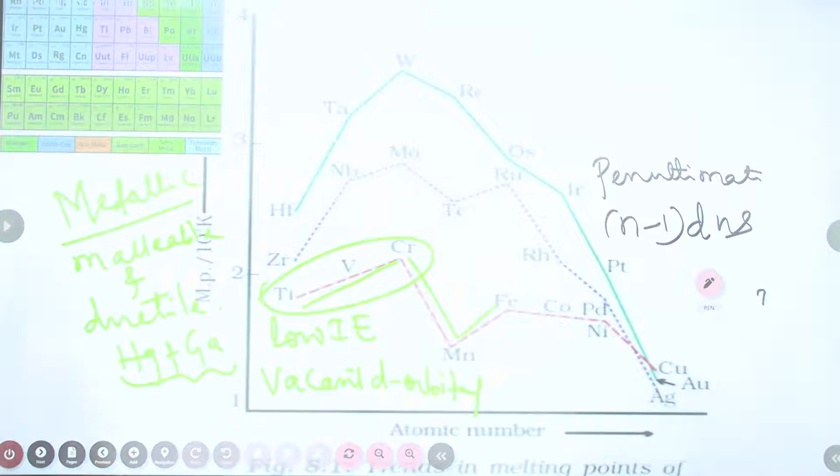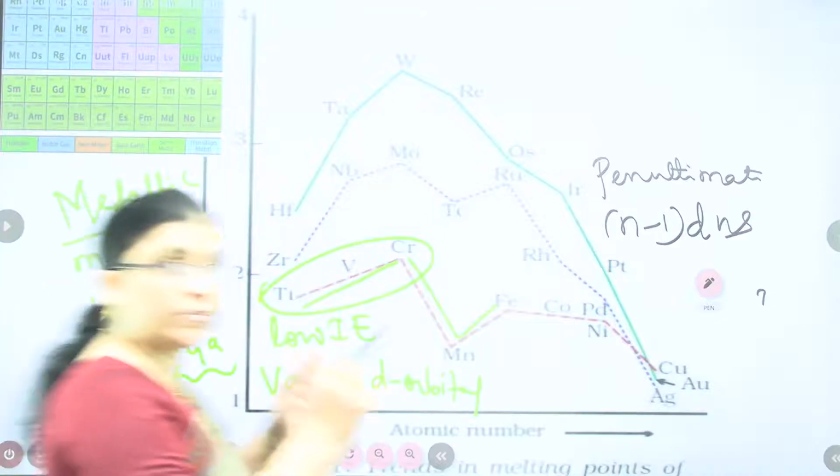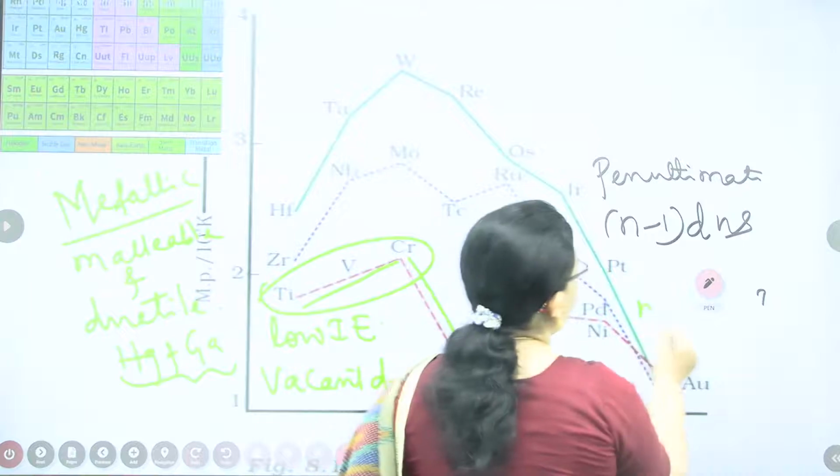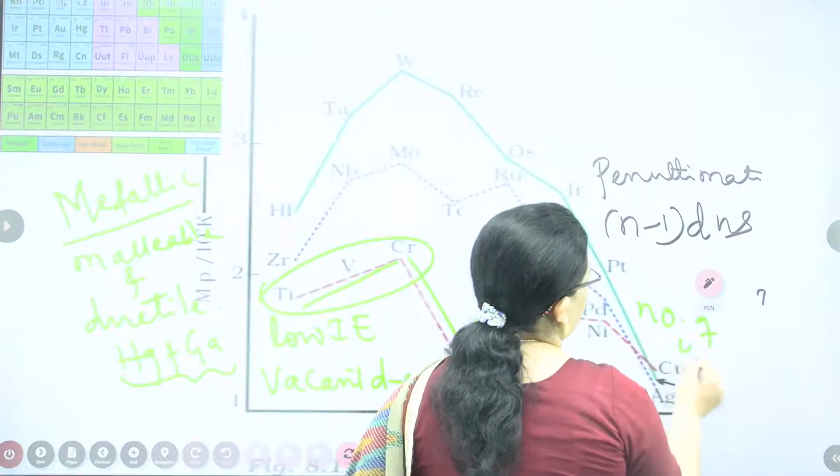When there is an increase, we can write that the strength of bonding is always related with the number of unpaired electrons.